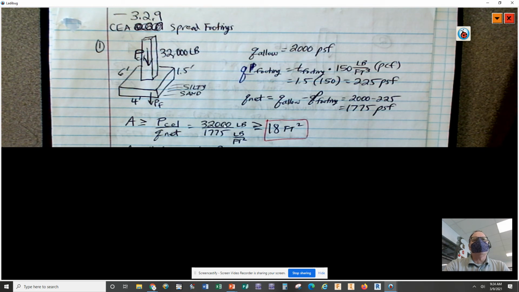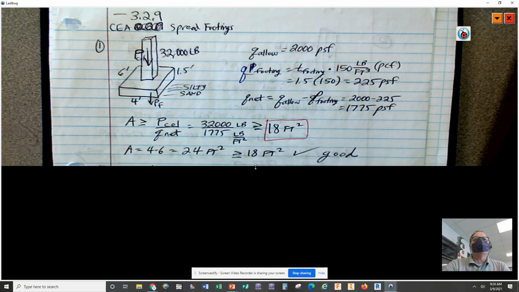If you take the load in the column divided by the pounds per square foot allowed, you come up that the area needs to be at least 18 square feet. So in other words, this width times this length has to be 18 square feet. Well, it turns out ours is 6 by 4, right? So it turns out that we have a 24 square foot area. So that's good because it's larger than the 18.